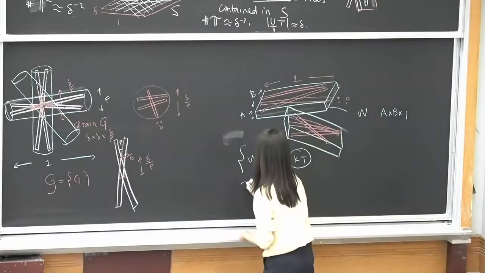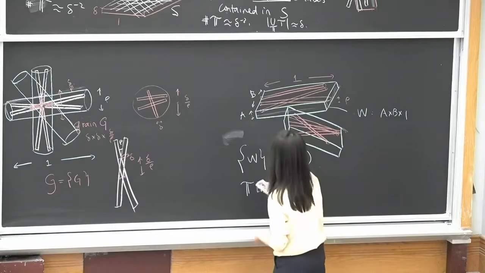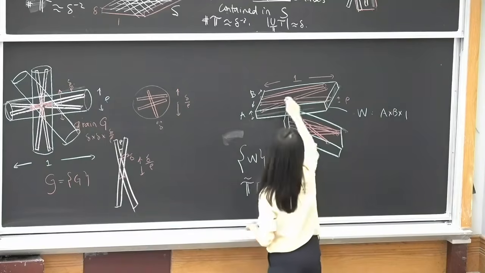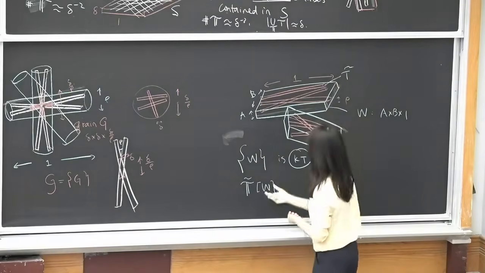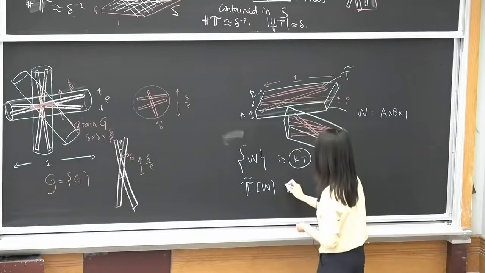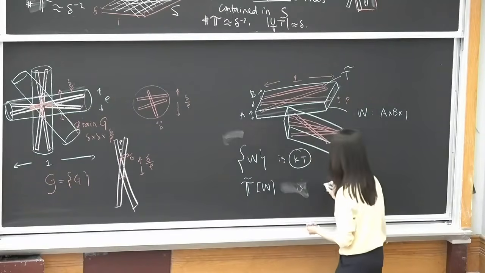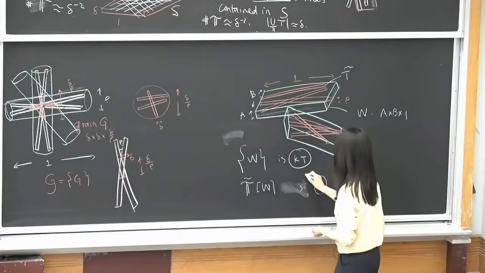And then for each W, the rho tubes contained in W satisfy a rescaled Frostman condition.